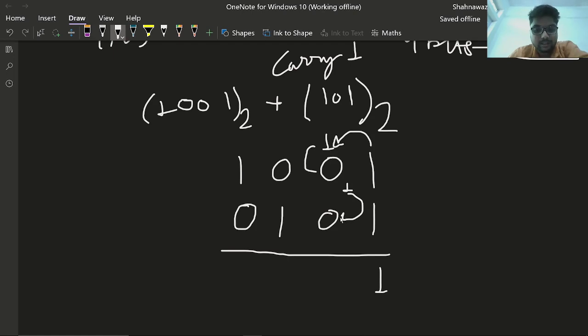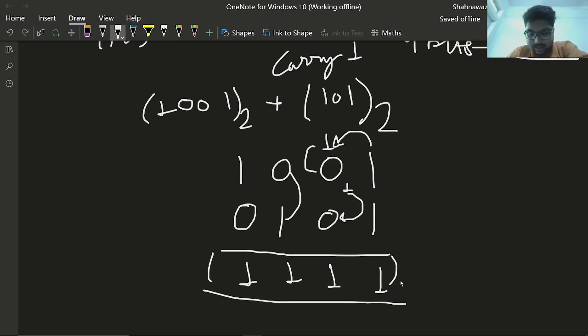And then add this 1 to this 0. Get 1. So no carry forward here. Now add these two. You get 1. And then you add these two. You will get 1. So this is the result of this binary addition.